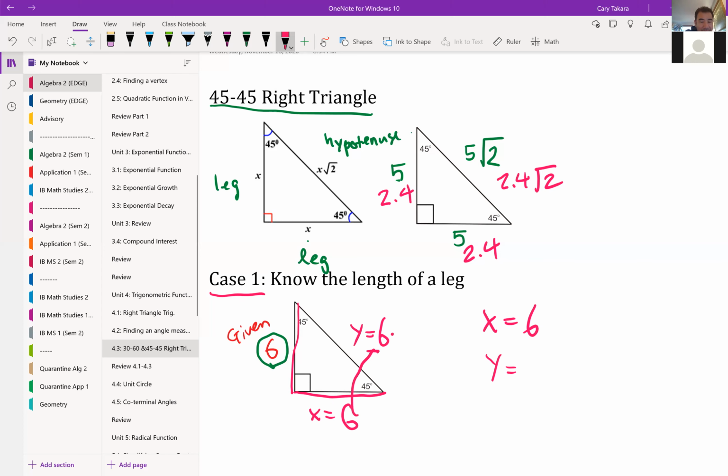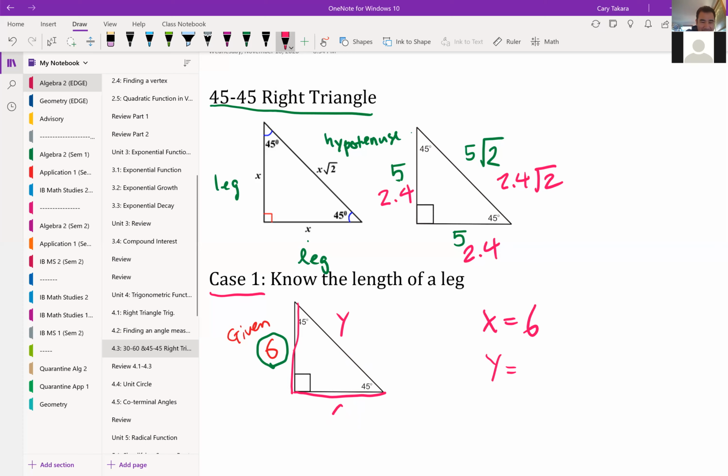In order to figure out y, you multiply by square root of 2. I'm sorry guys, I'm creating a little mess here.